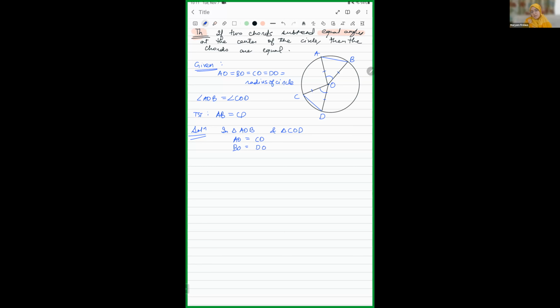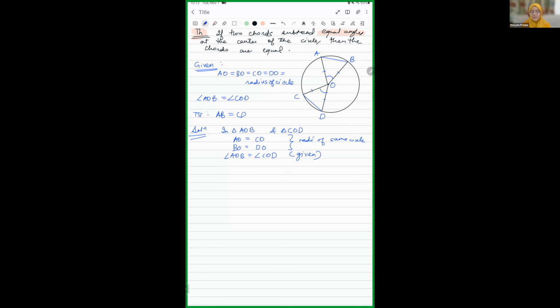Angle AOB equal to angle COD. Very good. This is given. These two are equal because they are radii of the same circle. And this is because it is given in the question that they are equal angles.